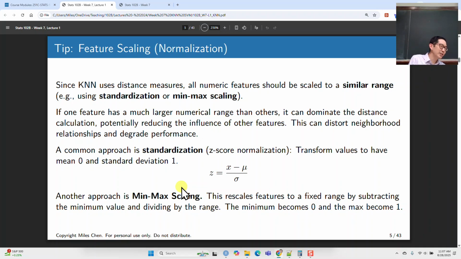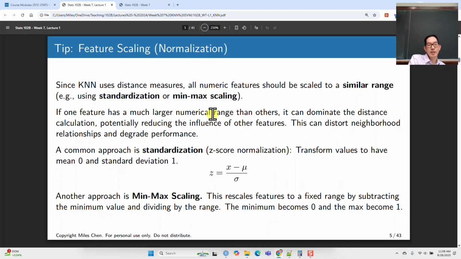When you have different numeric variables, you probably want to scale them so they're on similar scales. So standardizing them so they have mean 0 and standard deviation 1, or min-max scaling, so the min is 0 and the max is 1, or something like that, is what we can do.